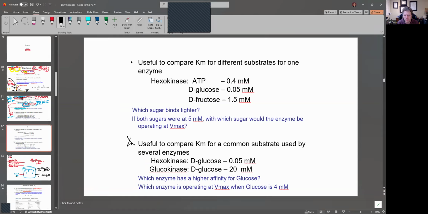When we go down here, it's useful to compare Km for a common substrate used by several enzymes. Okay, hexokinase and glucokinase. These two enzymes will both bind to glucose. Is it H or G that has a higher affinity for glucose? These are the Km values.